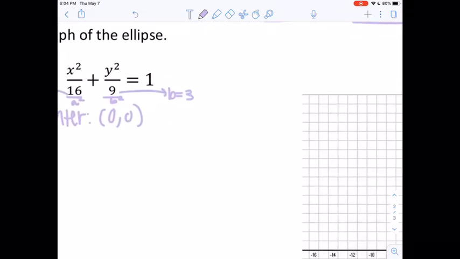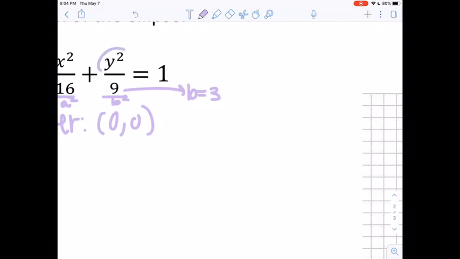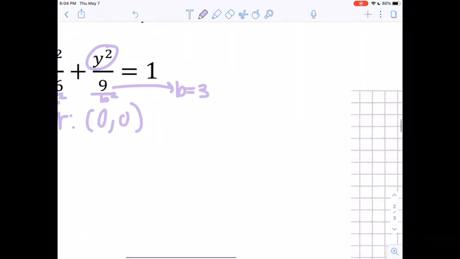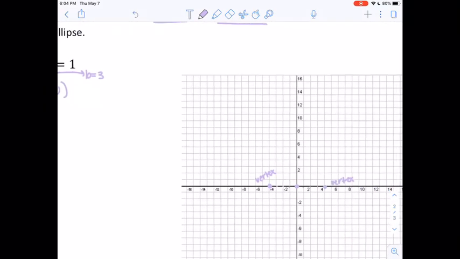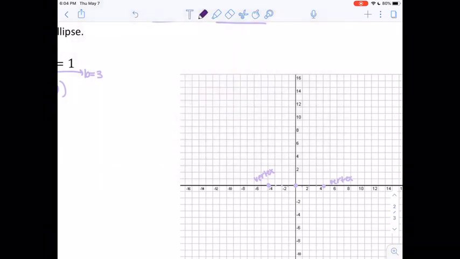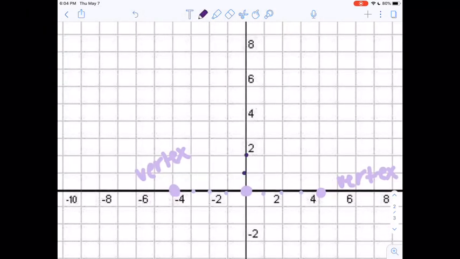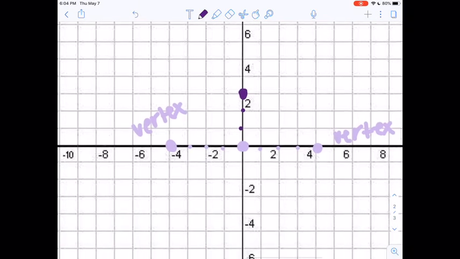Now I'm going to see, well, which way do I need to travel along the y-axis? Because this number is underneath the y, that's where I'm going to travel on the y-axis. So my B is 3. Let me do this one in a different color. So that means I need to go up 3, 1, 2, 3. There's 1 point, and I'm going to go down 3, 1, 2, 3.